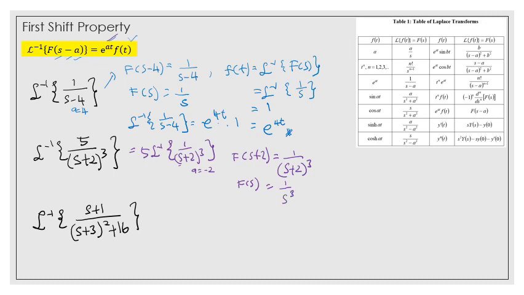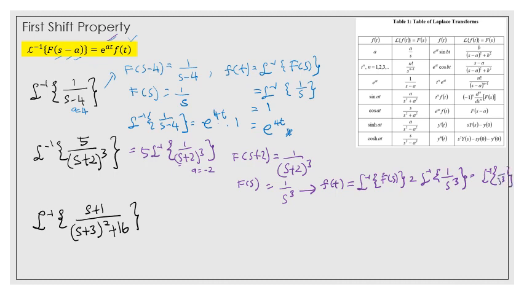Okay, so for f(s), from f(s) here we can find the value of f(t). So f(t) is equal to inverse Laplace of f(s), which is equal to inverse Laplace of 1 over s power 3. Rearrange to get the equation: inverse Laplace of 1 over s power 3.